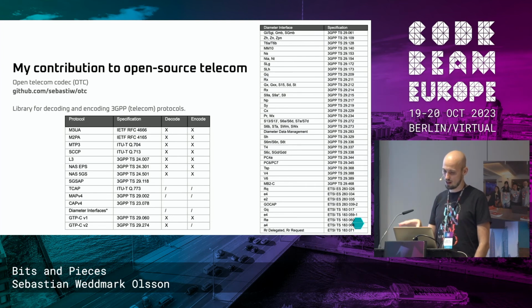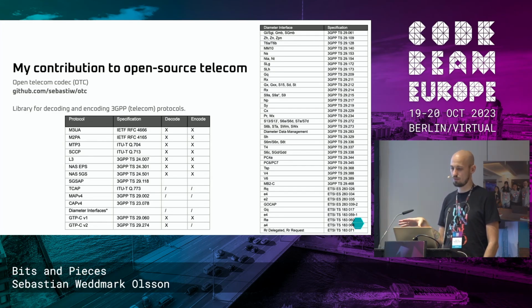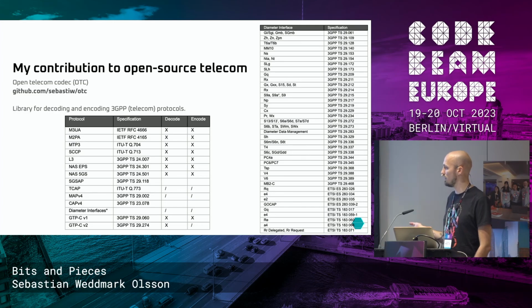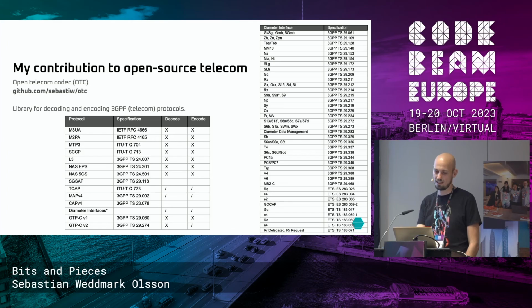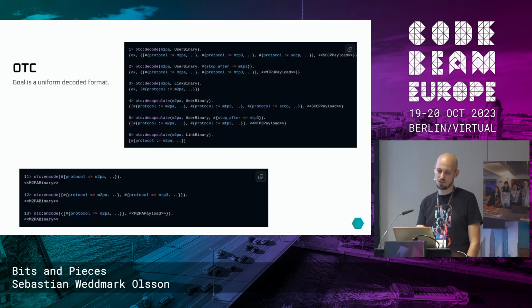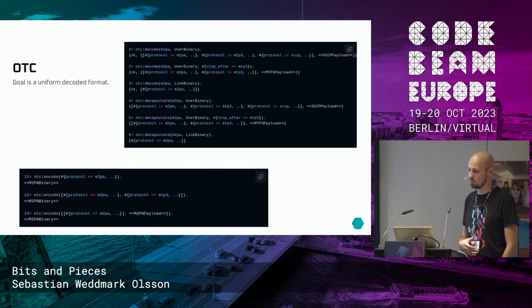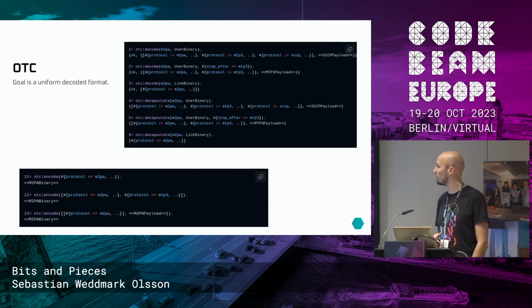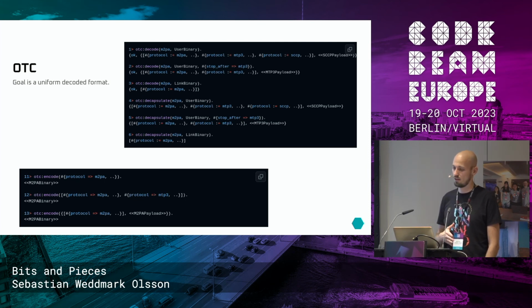And I try to implement as many of the different telecom protocols that I need in my work or just fancy. I'm a bit weird, I like those specifications. Yeah, and my goal is to have a unified, human readable decoded format for all the supported telecom protocols.